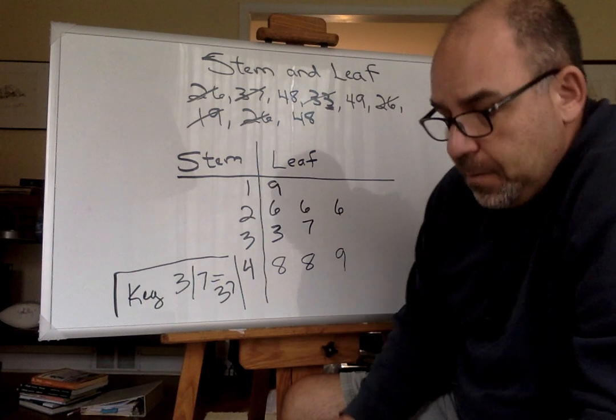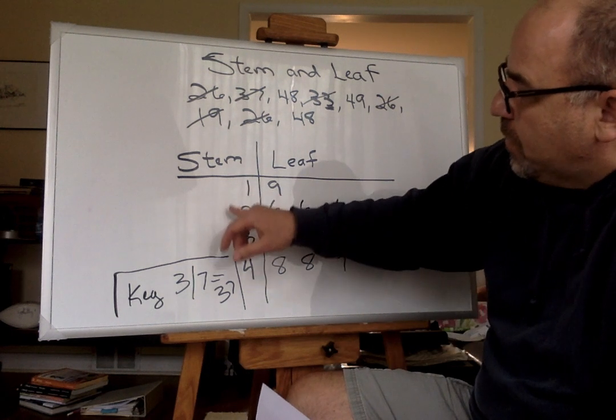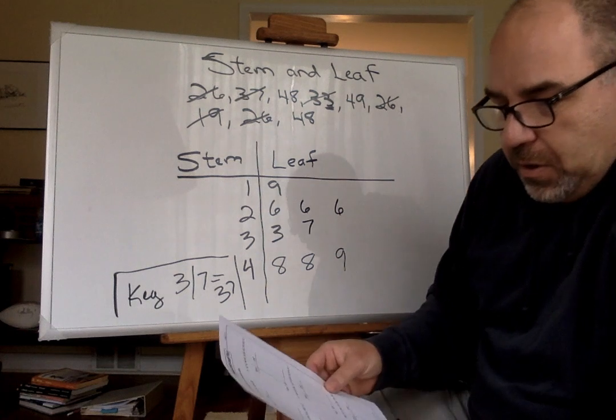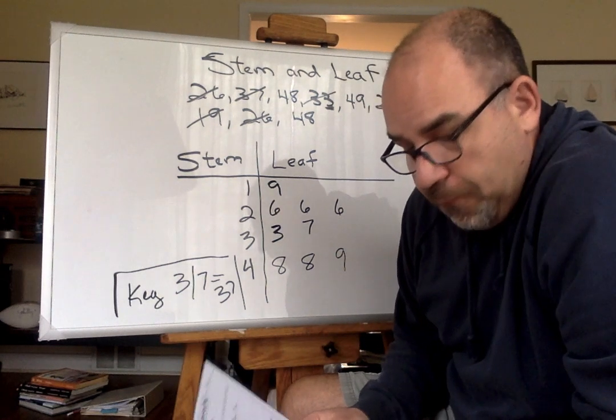You look at the data. You determine how many numbers on this side am I going to write. So now take a look down at number 3. The key is really helpful in this one.